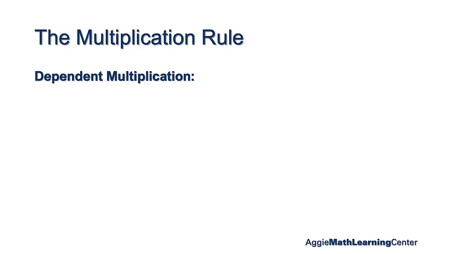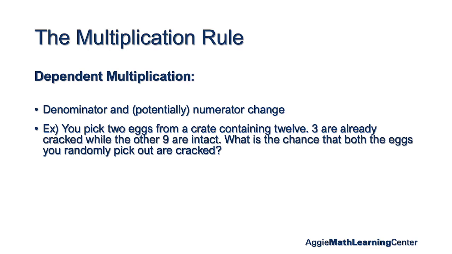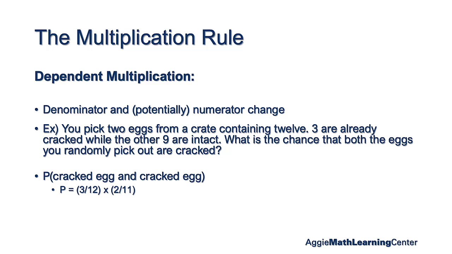When outcomes are dependent, our numerator and denominators can potentially change when we are multiplying our outcomes. For example, please note the problem below. Noting that we are taking these eggs out and not replacing them, and further noting the word both that indicates the multiplication rule, we would represent these probabilities as 3 out of 12 times 2 out of 11.